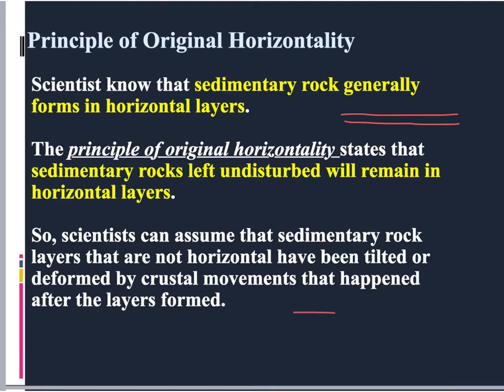If a rock layer forms like that, or some kind of bulge forms up in there, you can assume that rock layer that kind of went up there must have happened after, because they're normally horizontal.